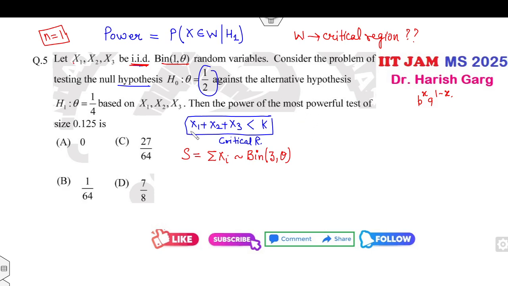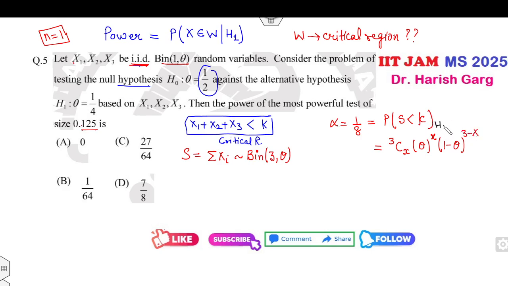Then your target is to find the k, where the size alpha is 1 over 8, because 0.125 is 1 over 8, and this will be probability of S is less than k. Fine. So clearly say what is the probability nCx, probability raised to power x, 1 minus theta raised to power 3 minus x.